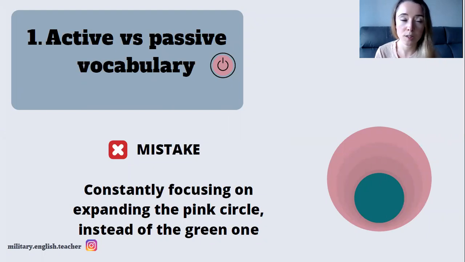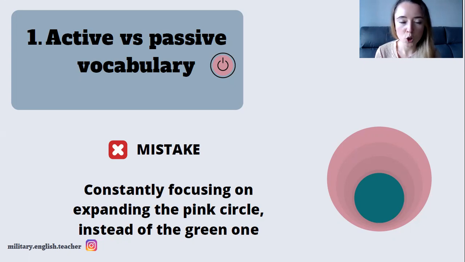Yeah, that's the mistake. Because we want to know more words. We want to learn more vocabulary. We create longer lists because we think that our English is not good enough because we don't know enough vocabulary. And that's wrong. Our English might sound poor or not good enough because we don't use the words that we have in our passive vocabulary.